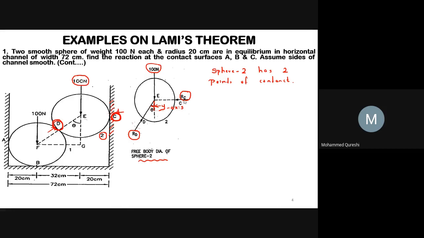Now, as RC is unknown as well as RD is unknown, we can't apply Lami's theorem, because the angles are missing for us. That is theta, 90 degree, 180 degree or 160 degree. We may also go for that, but this method will be typical in that case. So what will I do?